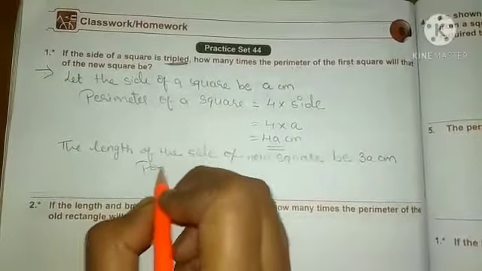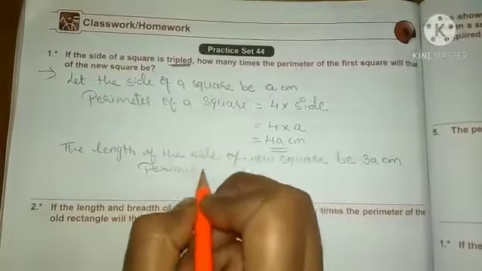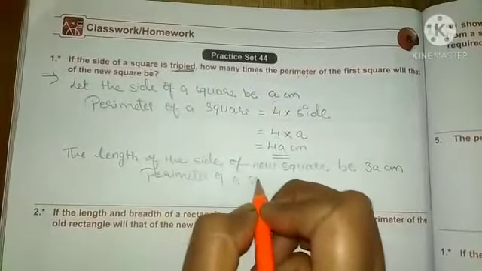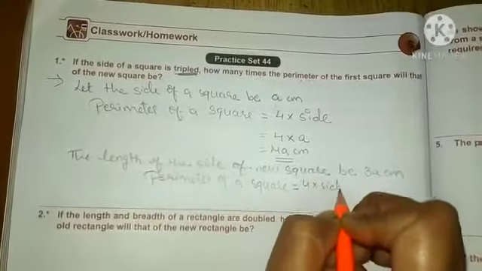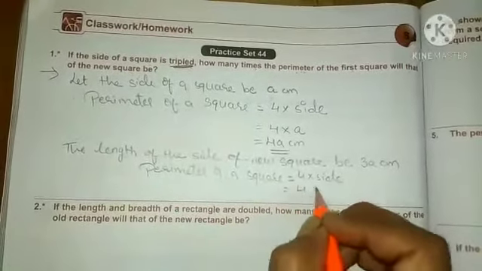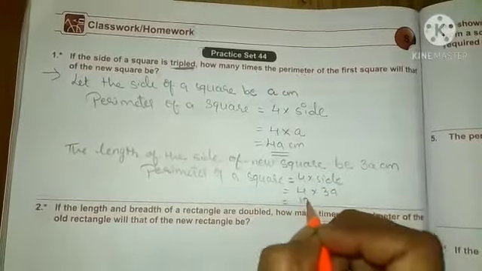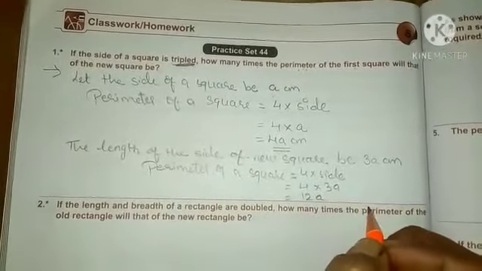Now write down the formula, that is the perimeter of a square. What is the formula? It is 4 into side. So what will you take? 4 into 3a. 4 threes are 12a. Clear, everyone?